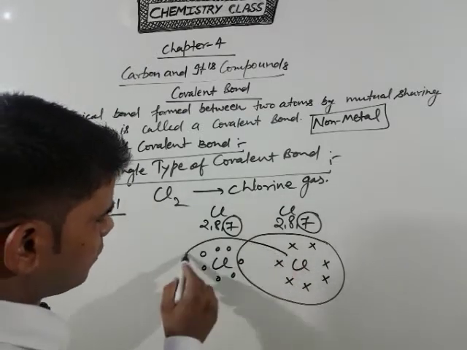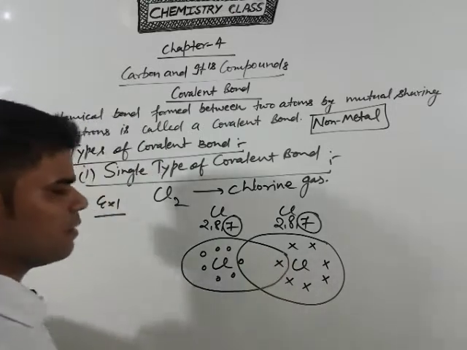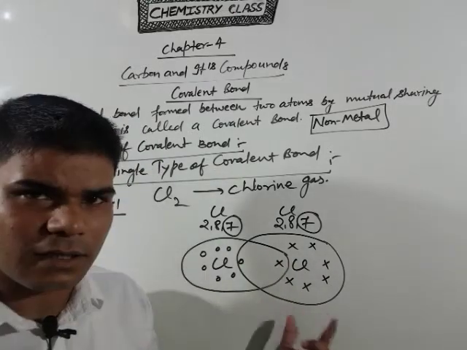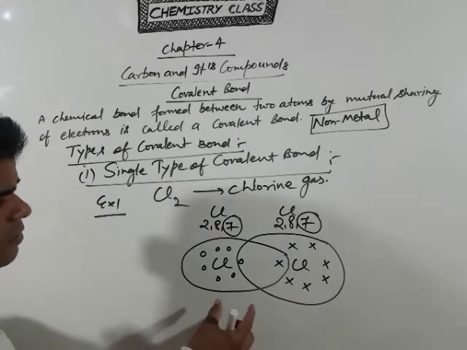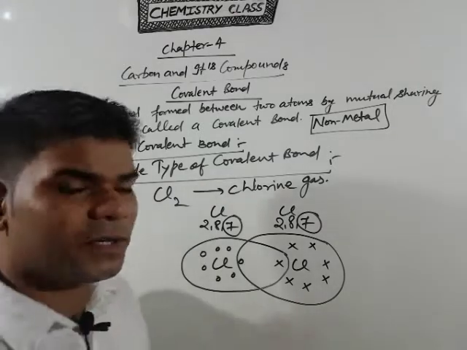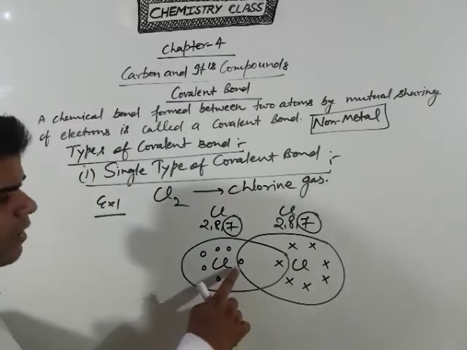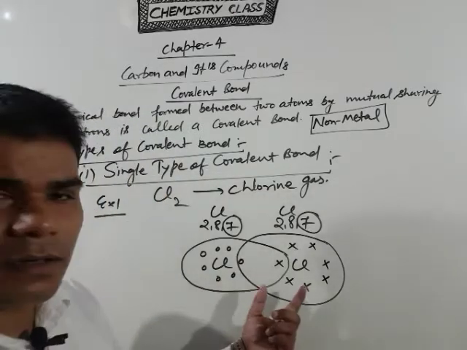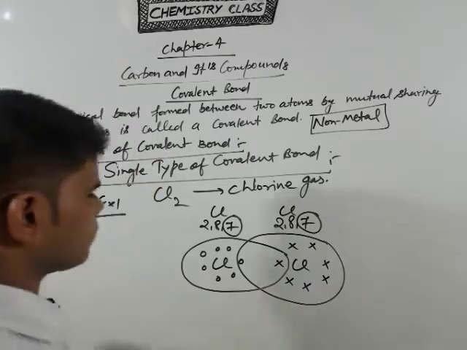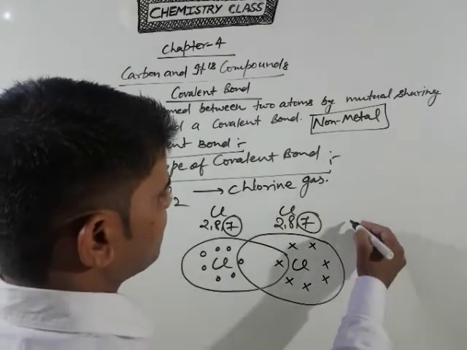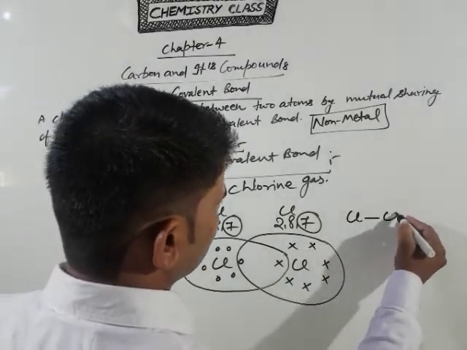The other chlorine does the same. In this case, how many electrons are shared between the two atoms? One electron. So that's why it creates Cl single bond Cl.